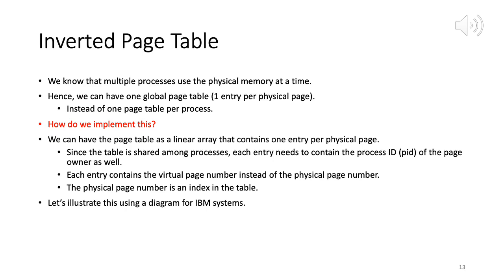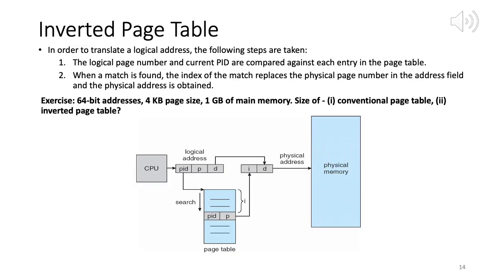Okay, so let's illustrate this using a diagram for IBM systems, how the lookup actually takes place for an inverted page table. So now I am on slide 14, and we are looking at how an address translation would take place using an inverted page table.